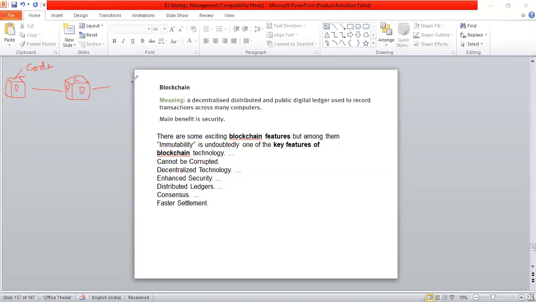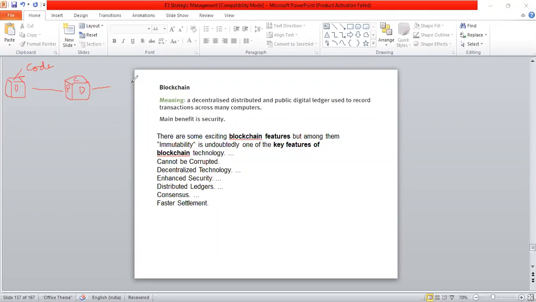In the form of blocks, the set of data is connected, the data has a code, and one side of the block has the previous set of data which is connected. Because it is interlinked, and one set is connected to another set, the code is also transferred to the next set.